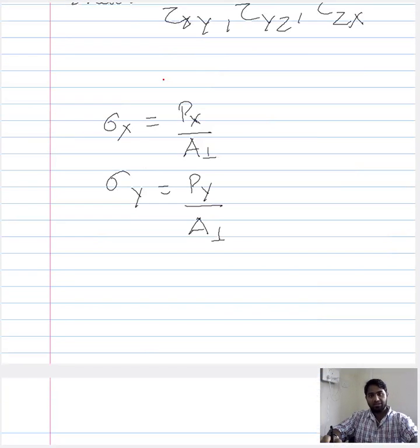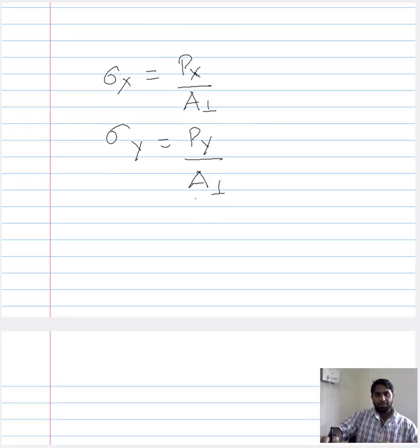So when you compare, the area relevant to normal stress component x, and the area relevant to normal stress component y, these two areas are considerably less than the area that is relevant to the normal stress component along the z direction.